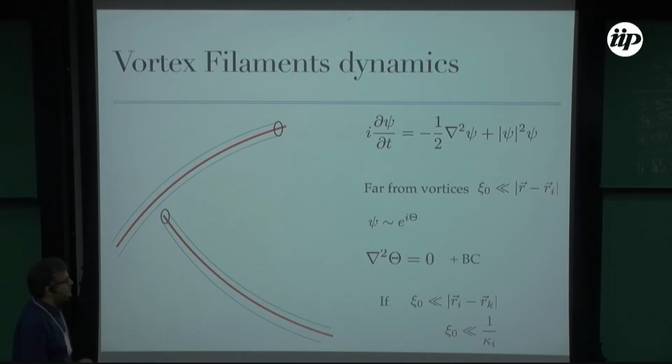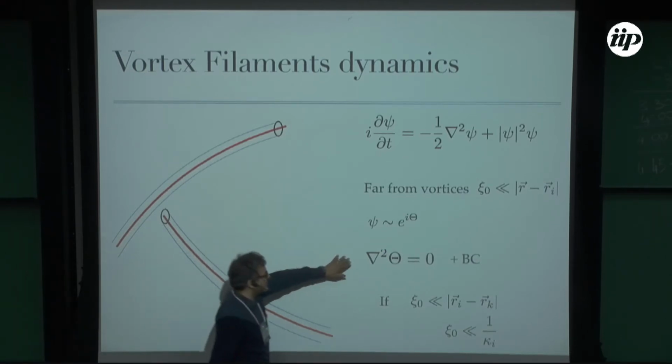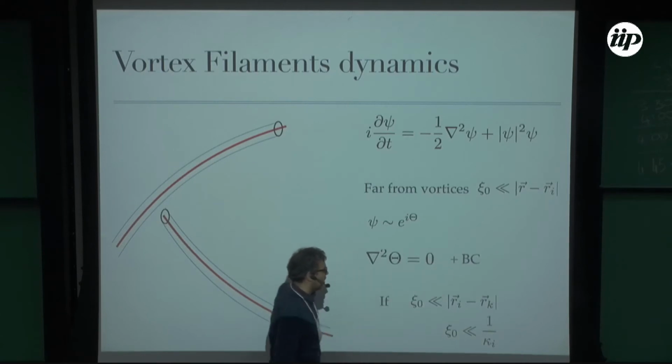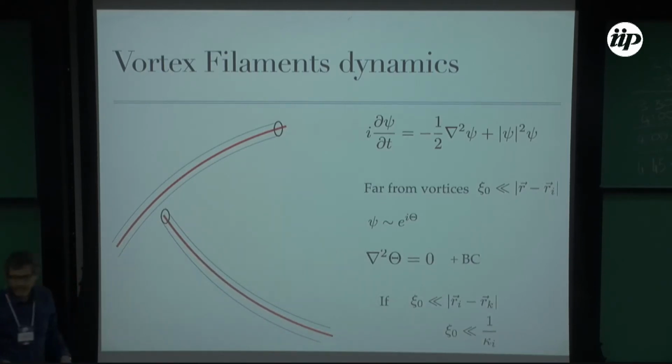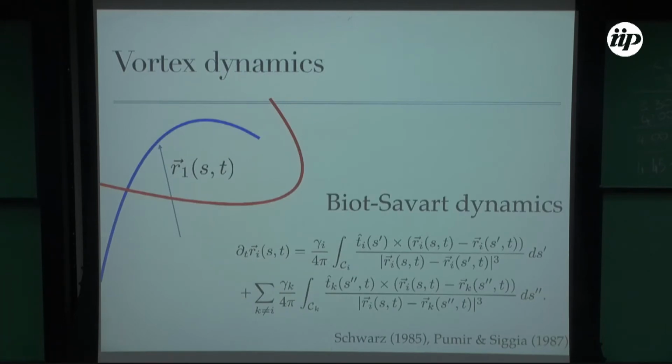And because they are very far away, the wave function is just, the modulus is 1, then it's just a phase, and when you plug that into here, essentially it appears that you need to solve this Laplace equation for the phase, and to add the boundary condition, which are these vortex that yesterday someone said are Dirac delta functions, something which is feasible. And the solution to that are the usual Biot-Savart dynamics.